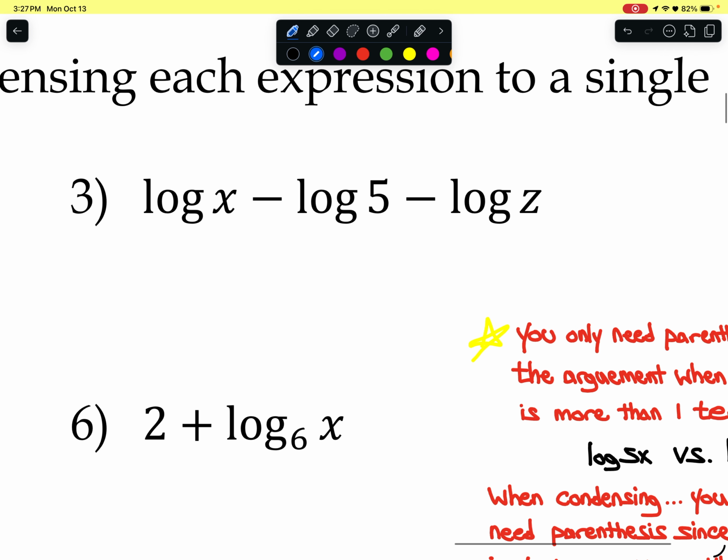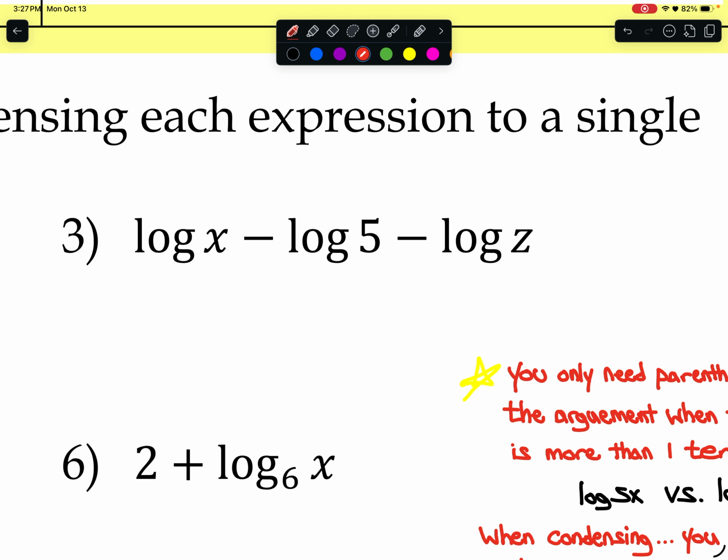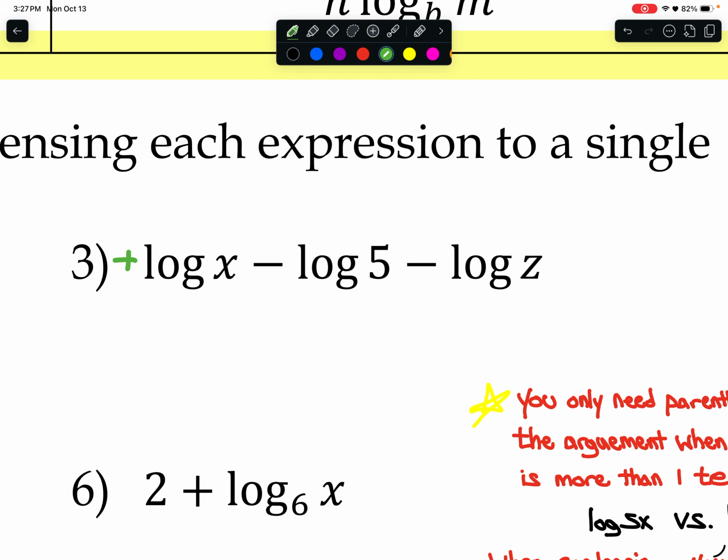And then looking over here, with number 3, what I like to do anytime we have 3 or more terms is look at the signs of each of those terms, and that tells me whether it's going to go in the top or in the bottom. If I look at my first term, we have just log of x. There's no sign in the front, so that means it's positive. Anytime a value is positive in a logarithm and we want to condense, we're going to write that value in the top.